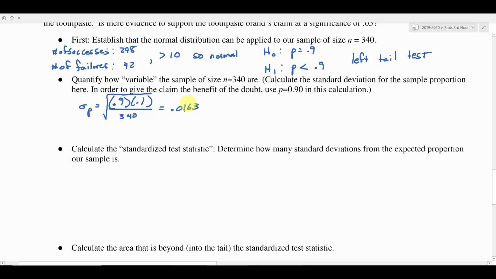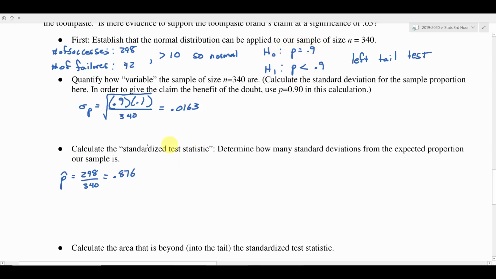That's one standard deviation. So now what I want to know is how many standard deviations away from this 0.9 we are. So I need to calculate my sample statistic. I need to figure out what p hat is, and that is 298 divided by 340, and what I got there was 0.876. So let's pause right there and think about this real quick. Remember, the claim by the toothpaste company was 0.9.